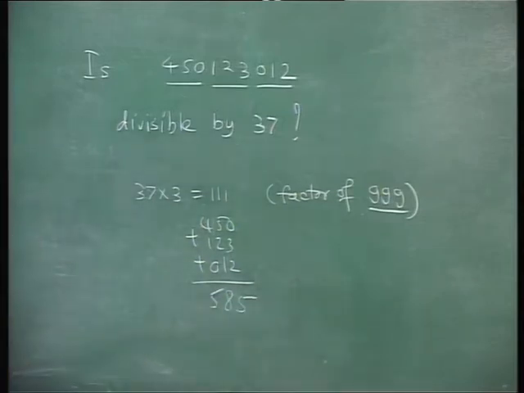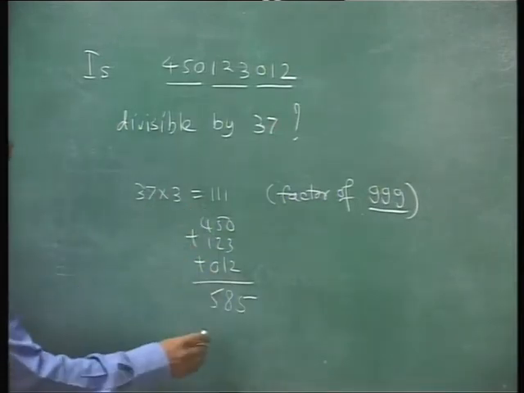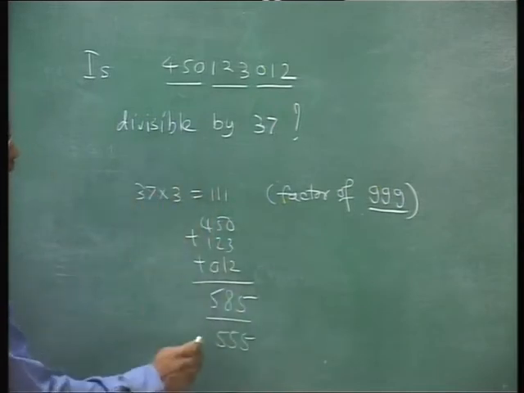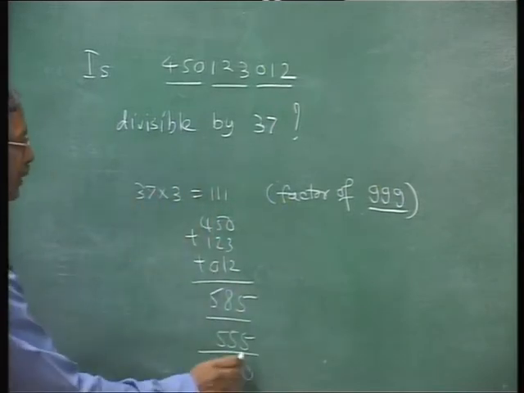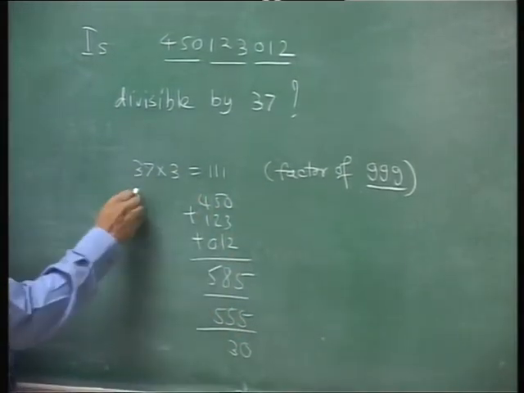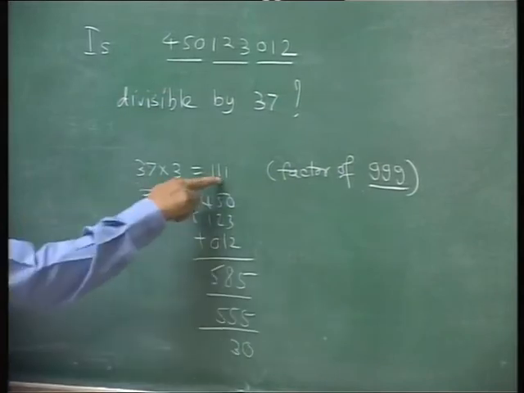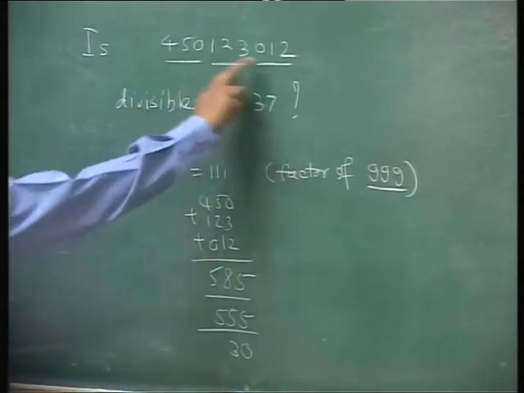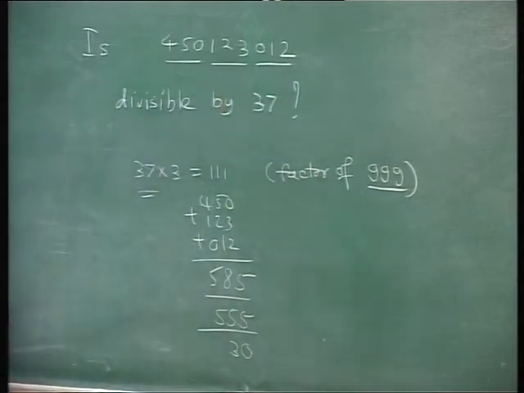Now is this divisible by 111? You can easily see that this is not divisible, because just look at 555, which is divisible by 111. What is left is 30. Now 37 is a factor of 111. 30 is not divisible by 37, therefore this number is not divisible by 37.